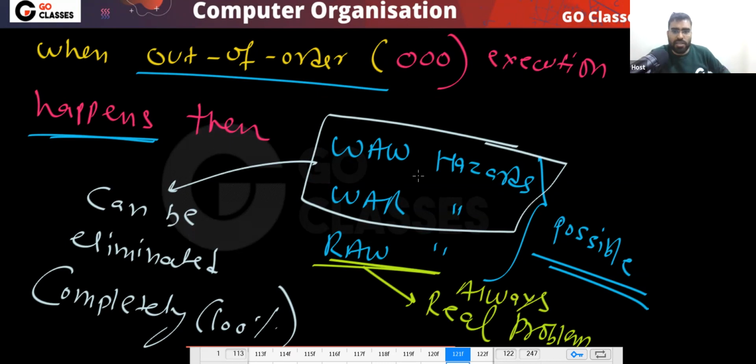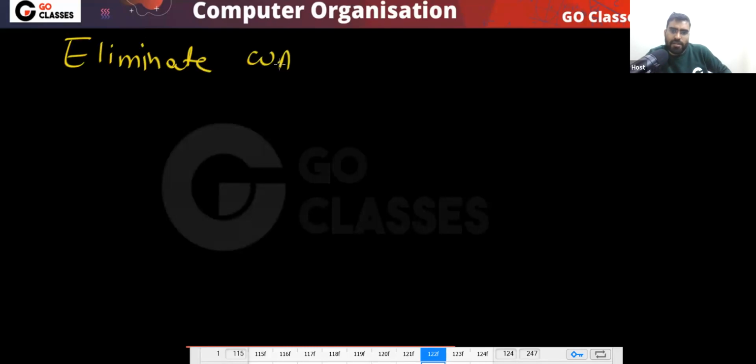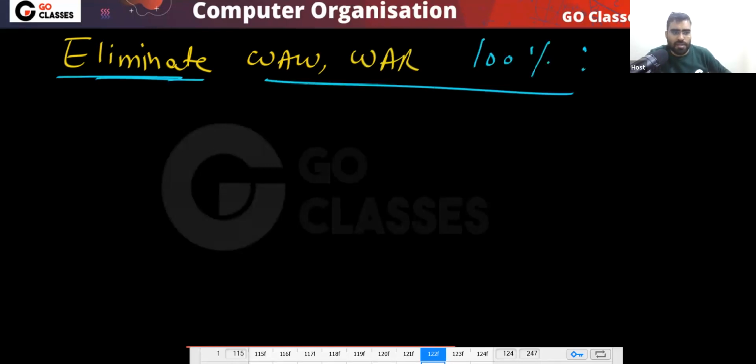So how can they be eliminated completely? Let me tell you. How can you eliminate WAW and WAR 100%? Very simple.